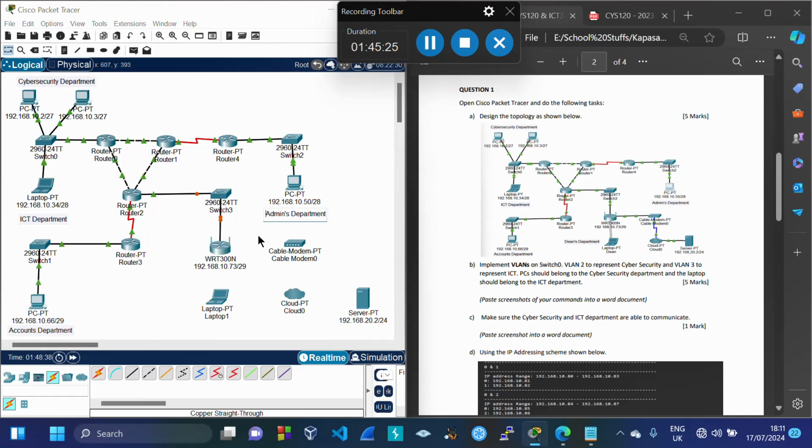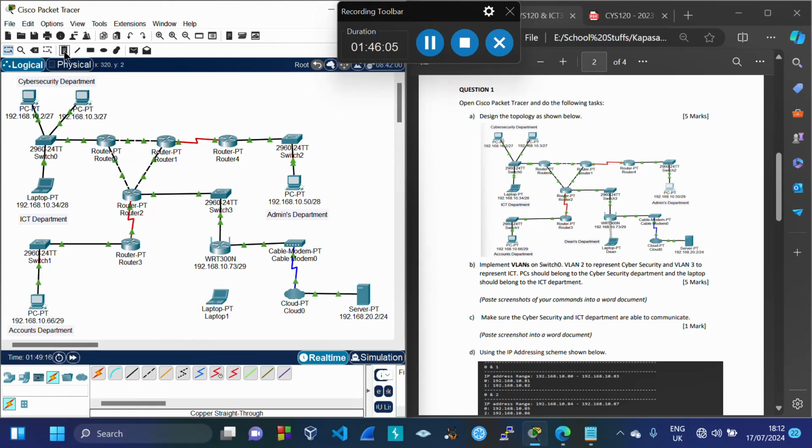Then I need to connect the cable modem to the wireless router using the internet port because we would like to access the server through the internet. We also need a coaxial cable to connect port 0 of the cable modem and the coaxial port, which is coaxial 7 of the cloud. Now, after doing that, we need to use the Ethernet connection at Ethernet 6 of the cloud and the Ethernet port of the server, like that, to make those connections that you are seeing.